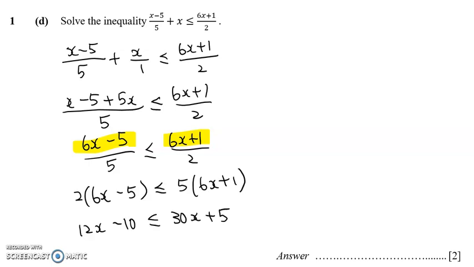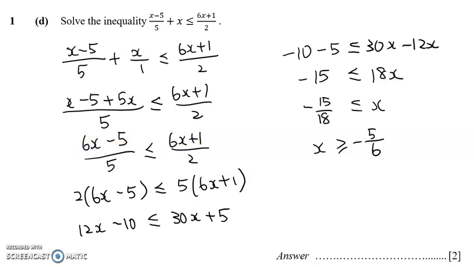After the cross multiplication, we do expansion, and then we will put all the terms with x on one side of the inequality and all the others on the other side. Then we will further simplify to solve for x. So this is my answer. Do remember that since this is an inequality, the answer should also include the unknown and the inequality sign.